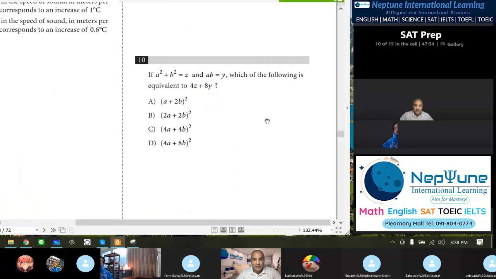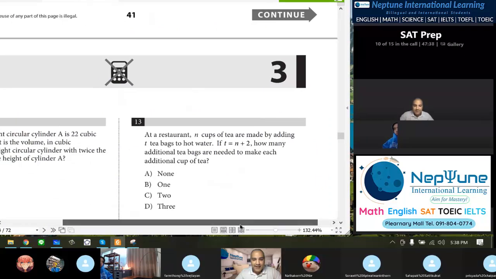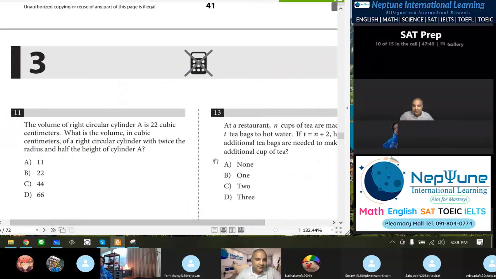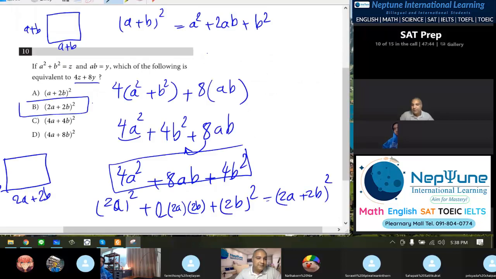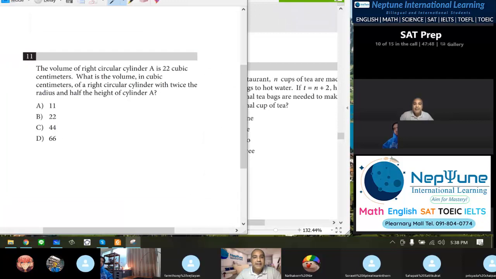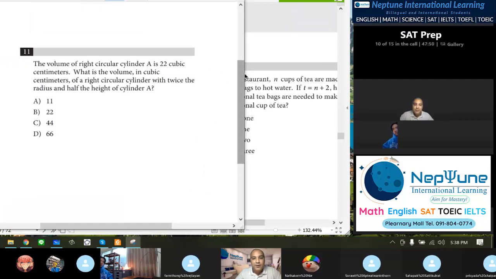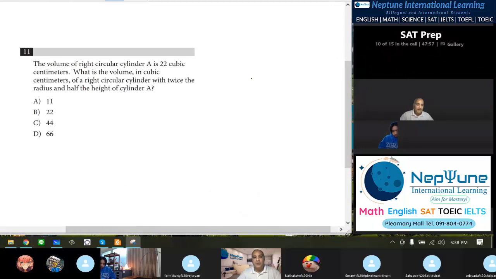Volume. I always love volume problems because they're so easy if you know what volume means. First, what is volume? When you have a 2D shape like this, with a surface, the area, let's call it capital A. That's the area of this shape.